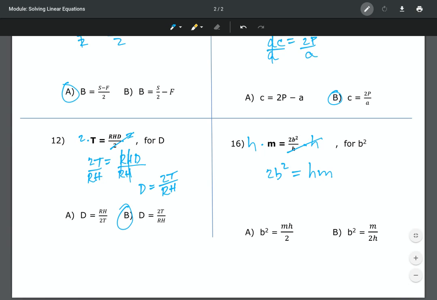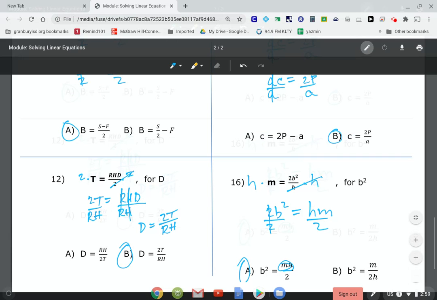That's really the only reason why. And now if we're going to solve for b squared, we have to get rid of that 2. Well, this is 2 times b squared. So the inverse of multiplication is division. So b squared equals HM over 2, or you're going to see it here as MH over 2, which is the very same thing. So that is answer choice A.